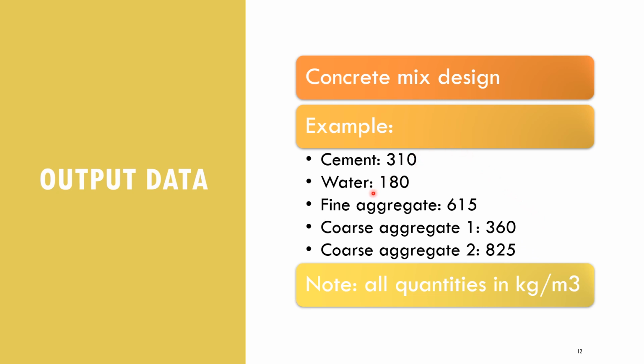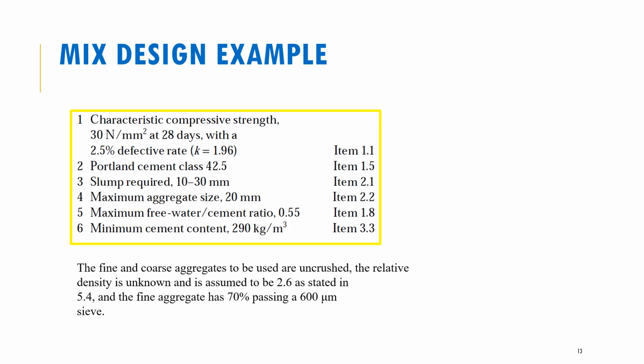So water is 180, fine aggregate 615, and then you have two types of coarse aggregate, and these are 360 and 825 respectively. So that's just an example of the output that's expected from this process.